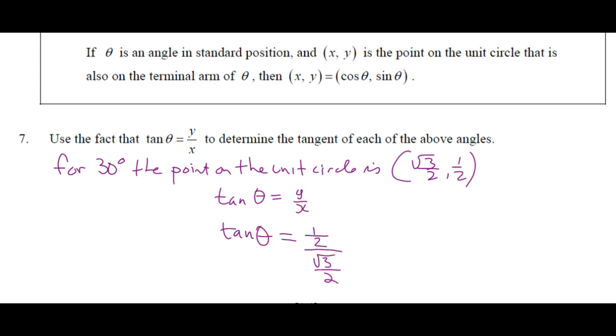So what do we do? Because we got a fraction over a fraction. Multiply by the reciprocal, right? So tan theta is 1/2 times 2 over root 3, right? Some call it kiss and flip, whatever, multiplied by the reciprocal. What happens to the 2's? They cancel.